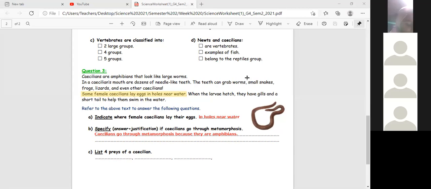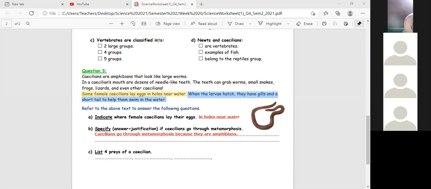Miss, can I say? Yes, you can. Yes, they have gills and short tails to help them swim in the water. When the larvae hatch, they have gills and a short tail to help them swim in the water.